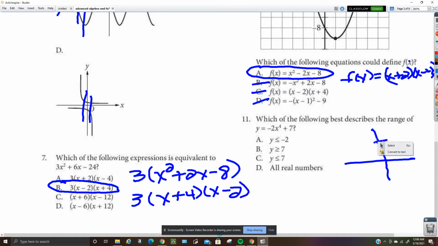So 0, 7. So I get something that looks like this here. So y is less than or equal to 7 would be the range.